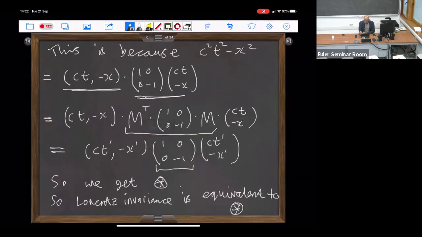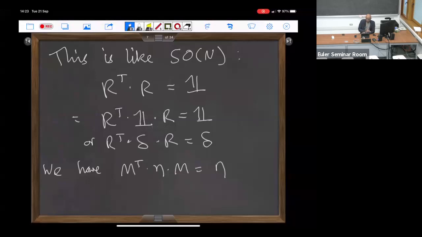Okay. So you'll see this type of definition of the Lorentz group in books as well. All right. Now, this is actually very much like something we've seen before. It's like the definition of SO(n). Matrices in SO(n) are determinant 1 matrices which are orthogonal.